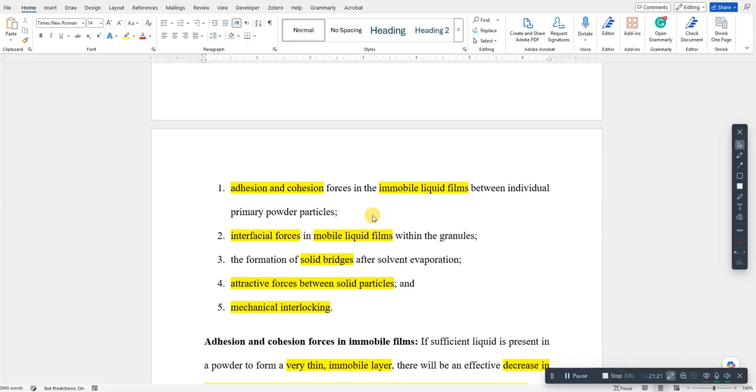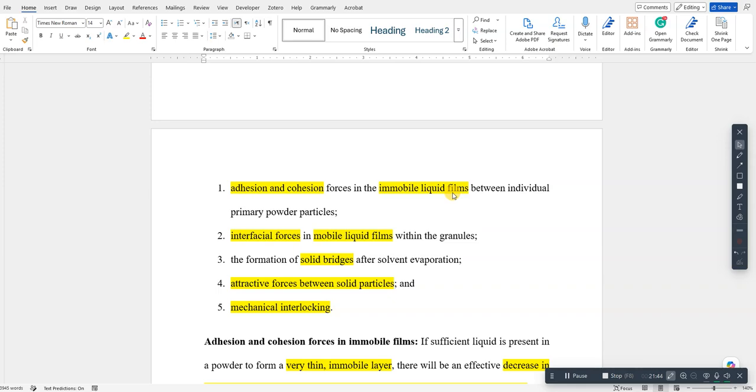Any powder will have some moisture. Most of the powders will have some residual moisture. This residual moisture, we call it immobile liquid films. This can occur after you are drying wet granules.